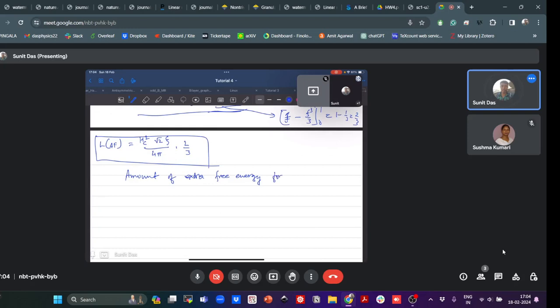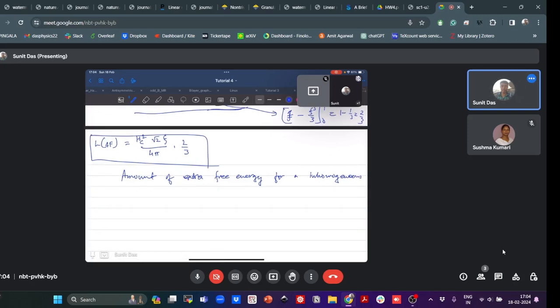For an inhomogeneous psi x. Okay. So Landau-Ginzburg, if we use Landau-Ginzburg energy, then we have the extra free energy, Delta F, is greater than 0.